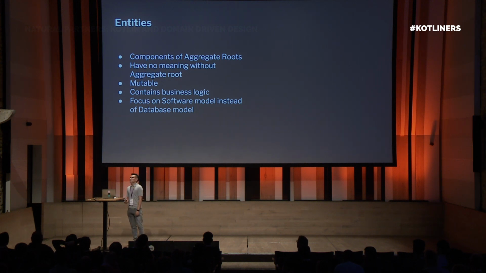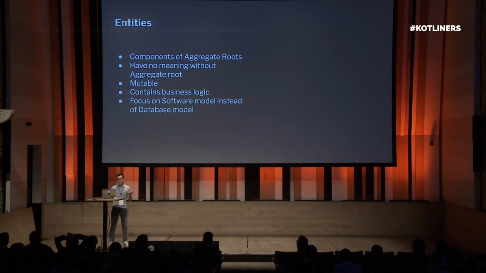I found it really hard for myself to switch between those two concepts. All the time when I was trying to build something, I was thinking, all right, how will it be stored? How will it look in the database? Will it make sense there?